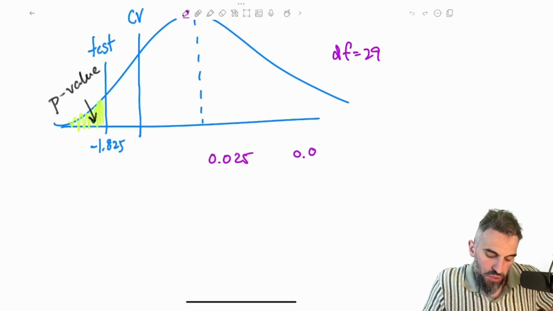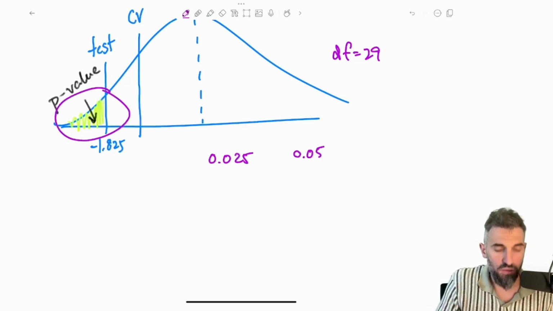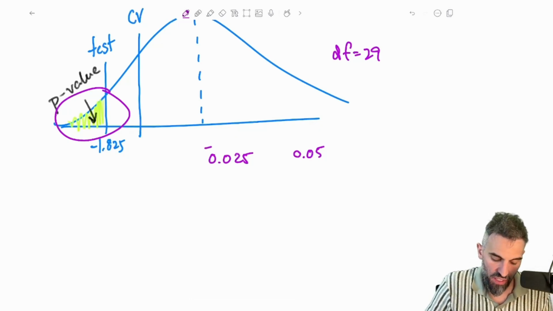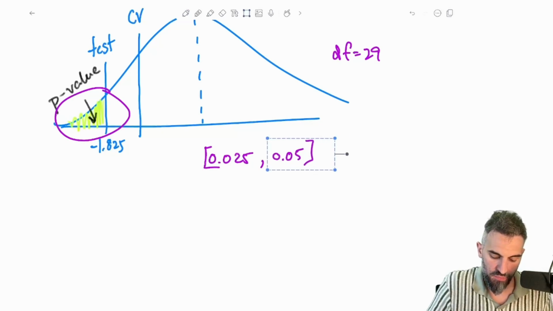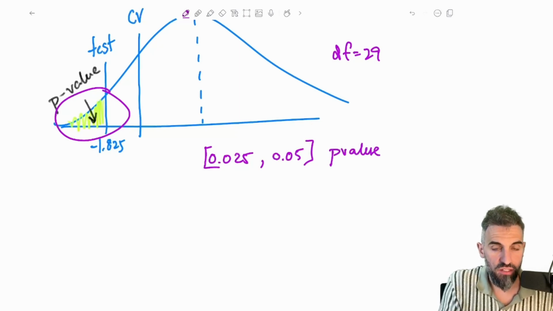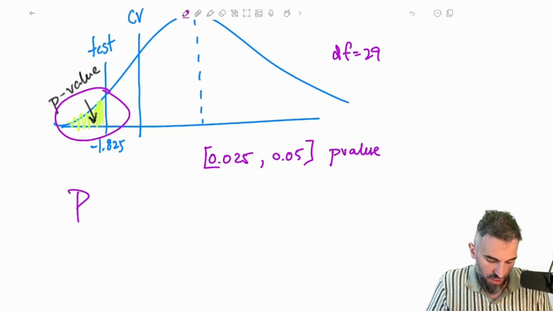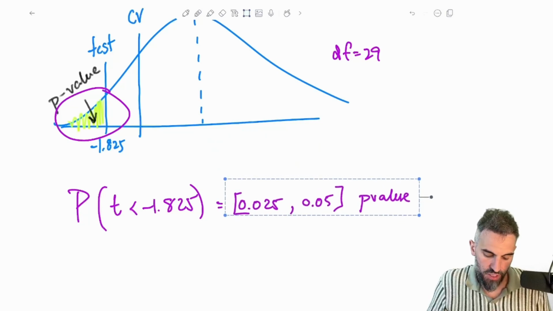So what you found here is that area that I made green, this area here, we don't know exactly what that area is, but we do know that it is between 2.5% and 5%. That's the p-value. The p-value is the area, where the area is somewhere between 2.5% and 5%. That probability, right? The probability that your t is less than negative 1.825 is somewhere between 2.5% and 5%.